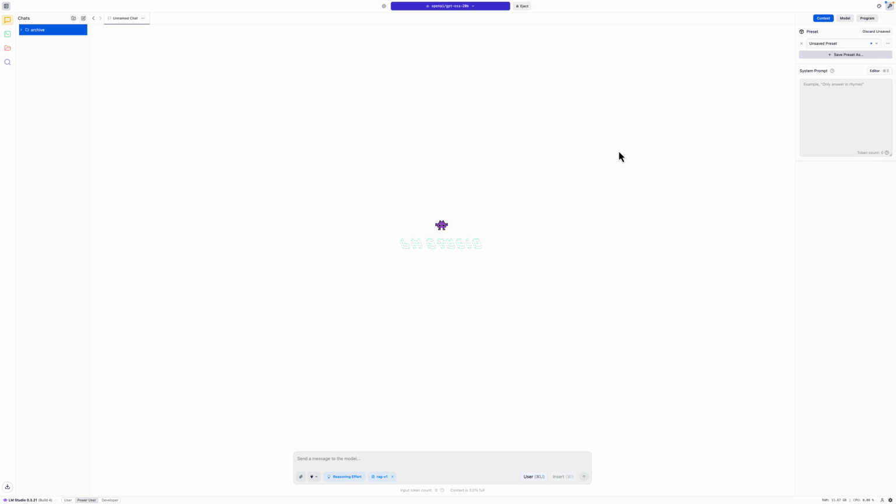OpenAI, who makes ChatGPT, has released two open-sourced LLMs, meaning that you can download them. You don't need the internet, and it behaves somewhat like the paid version, but you can run it locally on your machine.